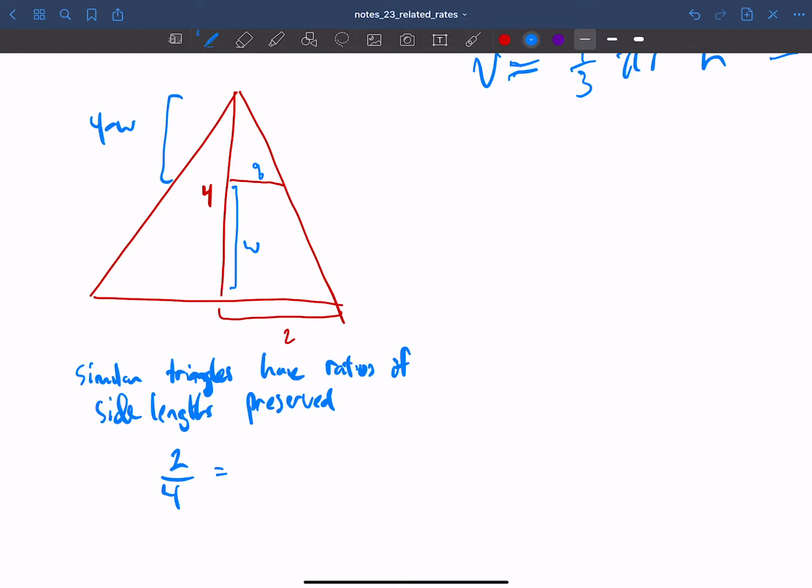How about we go Q, is equal to Q over 4 minus W. So that means that Q is equal to 1/2 times 4 minus W. All I did there was simplify that as 1/2, and then I moved that to the other side.